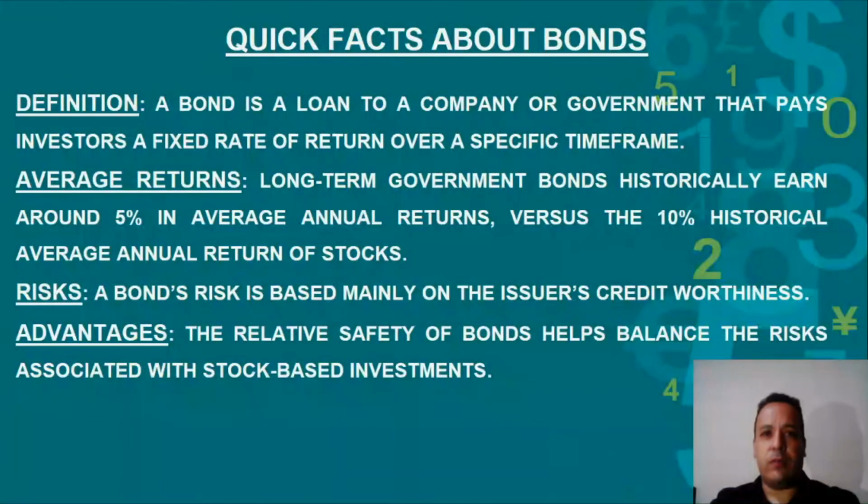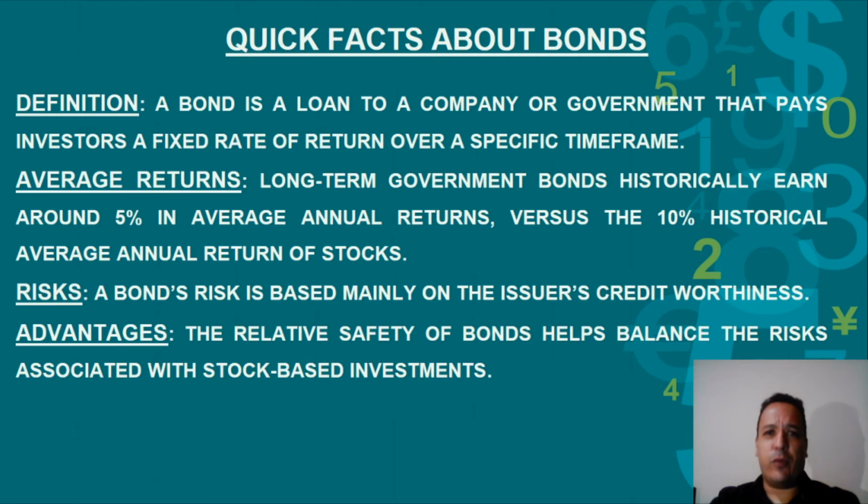Now, some quick facts about bonds. Definition: a bond is a loan to a company or government that pays investors a fixed rate of return over a specific time frame. Average returns: long-term government bonds historically earn around 5% in average annual returns, versus the 10% historical average annual return of stocks.